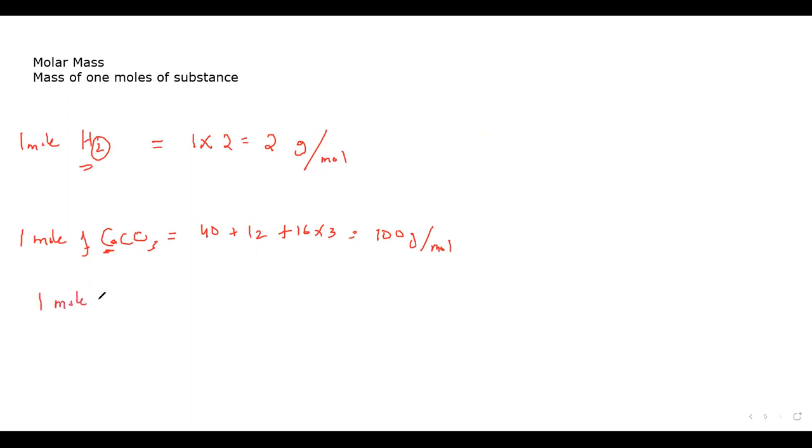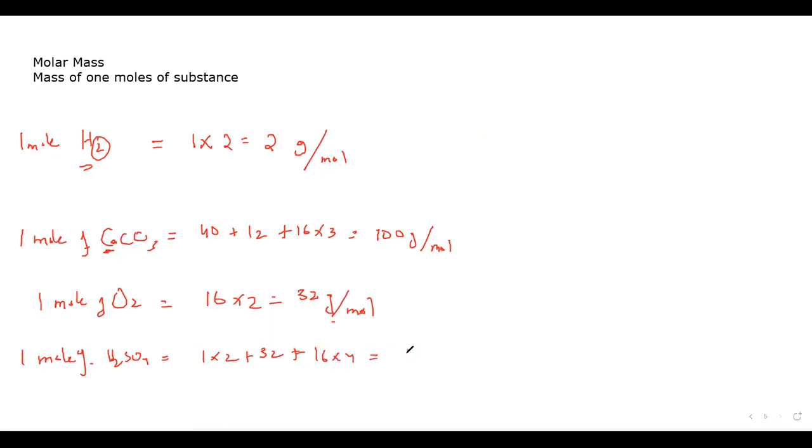Same way, 1 mole of oxygen. Oxygen atomic mass is 16 multiplied by 2, so that equals 32 gram per mole. 1 mole of H2SO4: hydrogen is 1 multiplied by 2 plus sulfur is 32 plus oxygen 16 multiplied by 4.